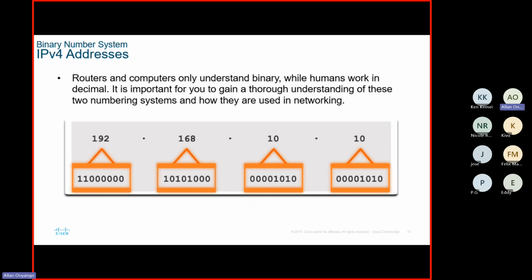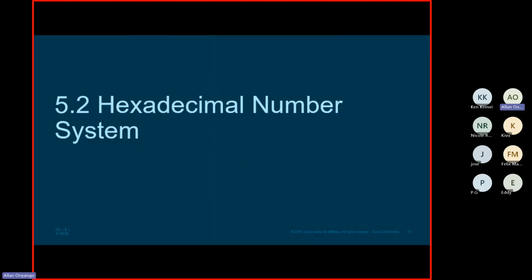Now we go to the last numbering system, which is going to borrow from the two numbering systems, binary and decimal. This numbering system is called hexadecimal. We said a 6-sided figure is called a hexagon, which means hex is 6.